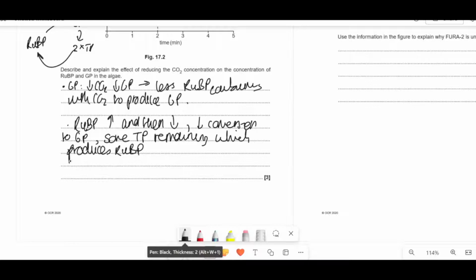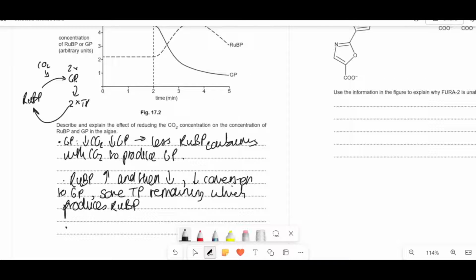However, we've not really gone into why it's decreased. The only thing that lets it increase must be the fact that GP eventually regenerates TP and so forth. So less GP means less TP, which means less RUBP regeneration, and therefore it drops as well.